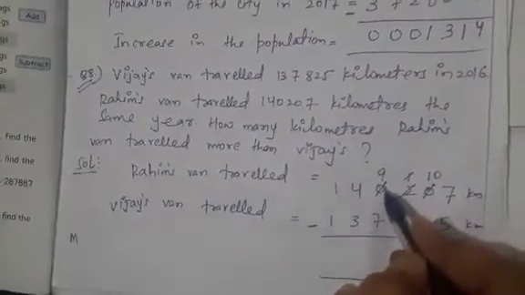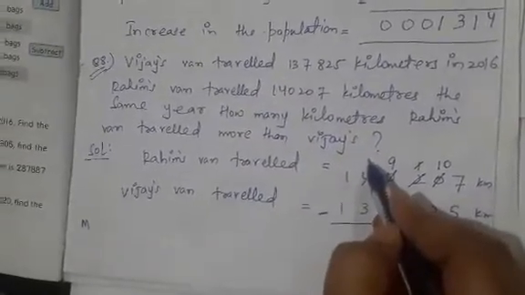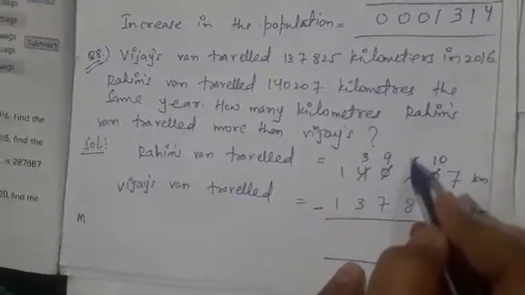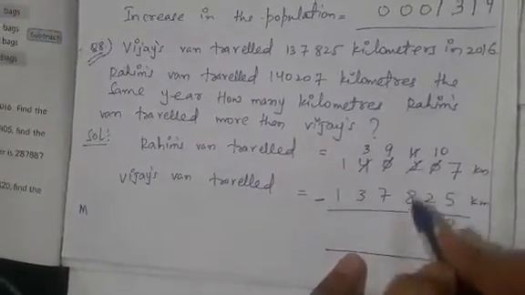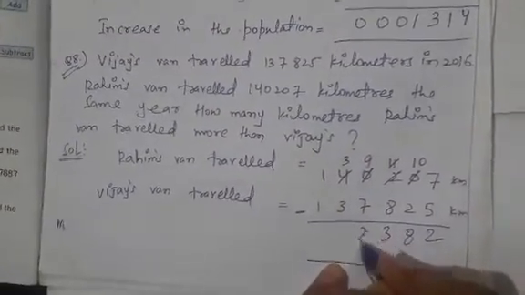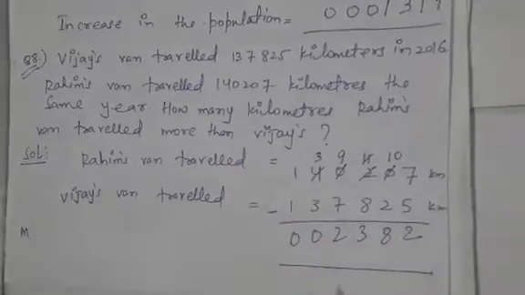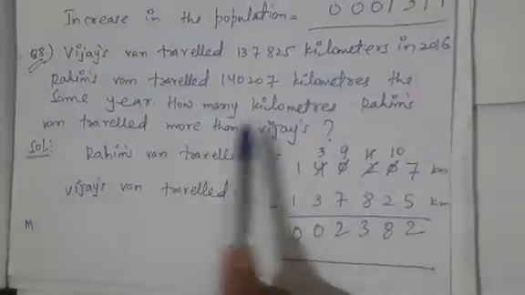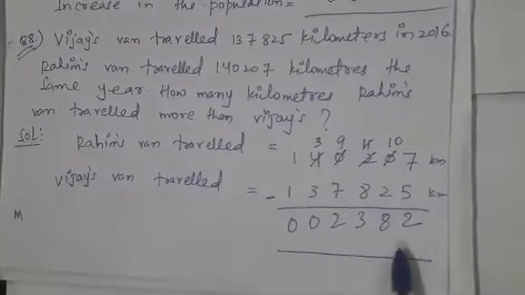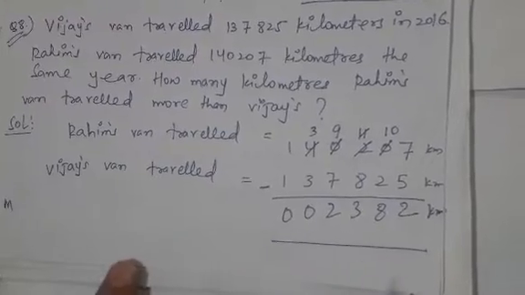We can't borrow from here, we have to borrow from here. It will become 3 and this number will become 9 and this will become 11. 11 minus 8 is equal to 3. 9 minus 7, 2. 3 minus 3, 0. 1 minus 1, 0. So our answer to how many kilometers Rahim's van travelled more than Vijay: this much of kilometers.